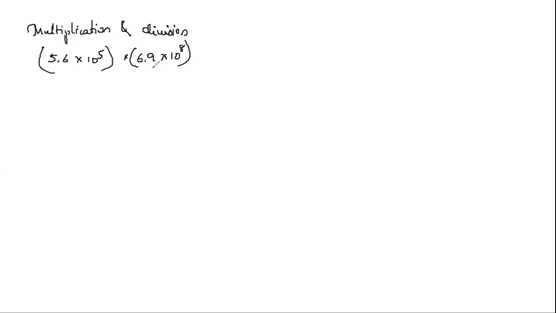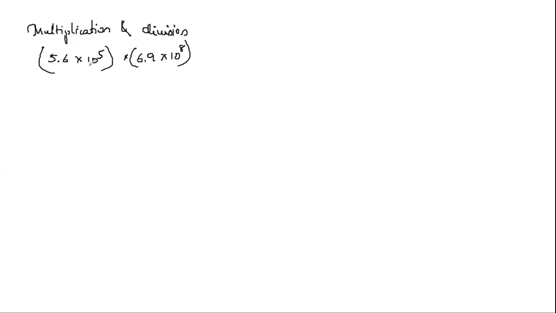Now multiplication and division. What we do? Suppose let me say I have 5.6 into 10 raised to 5 multiplied with 6.9 into 10 raised to 8. So in this case, I need not worry about exponents.